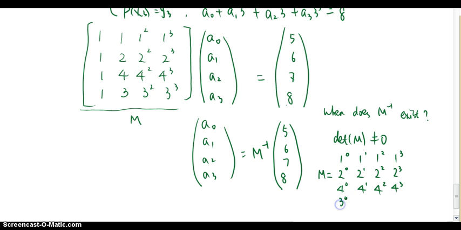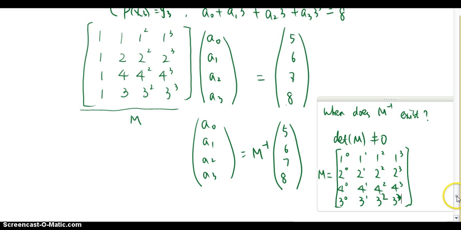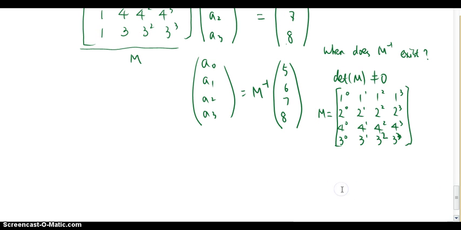And 3 to the power of 0, 3 to the power of 1, 3 to the power of 2, 3 to the power of 3. If you do not recognize this matrix, please look up your notes or just Google this one, the Vandermonde matrix, and you'll find out how to proceed from here.